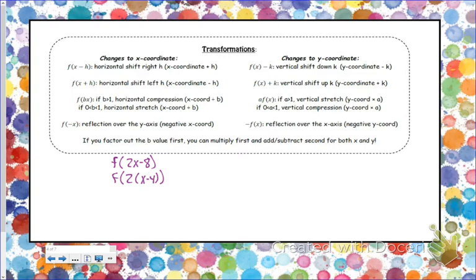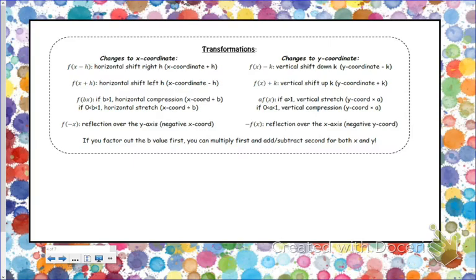But by writing it this way, I can take my x-coordinate, divide it by 2, and then add 4. I'm still going to get the same result as if I added 8 and then divided by 2. Oh, sorry, I said multiplied by 2, and I meant divide by 2. So you would still get the same answer for your final value, but if you factor out that b value first, then you can always multiply first for both your x's and your y's.